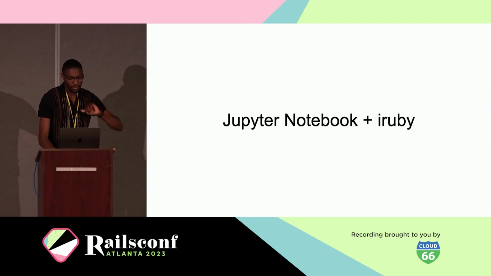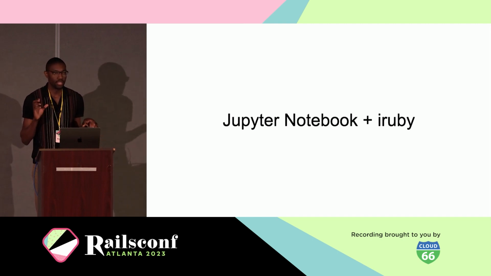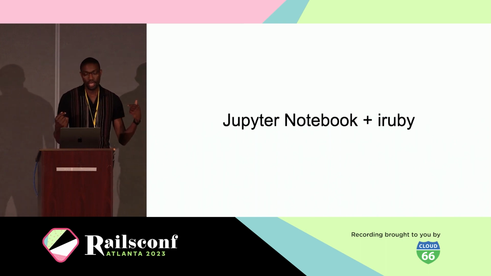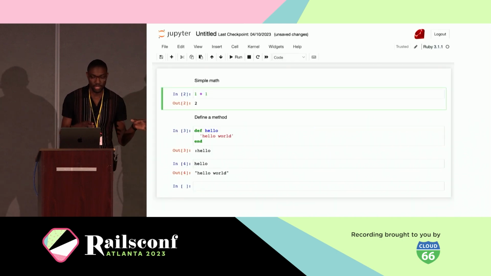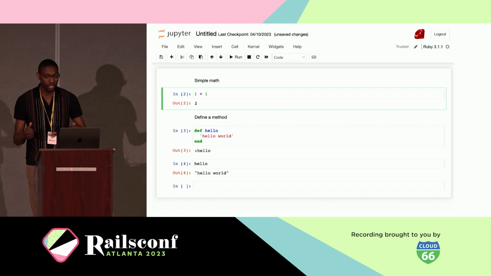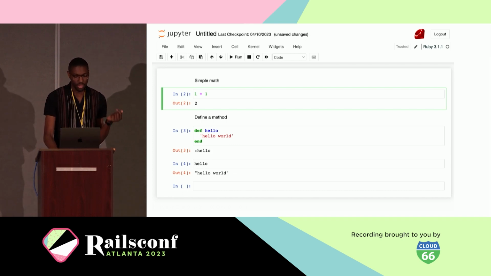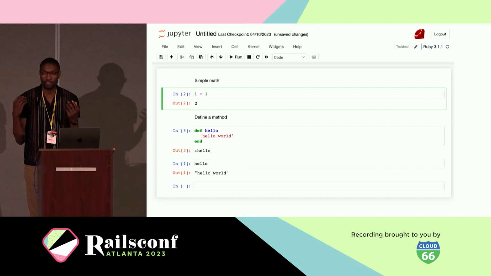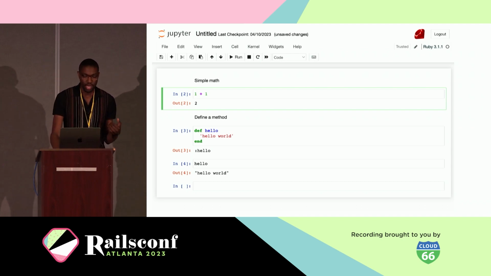Traditionally, a Jupyter Notebook has Python in it, but here we're going to execute Ruby, using a tool called iRuby. Here we're doing some basic addition in Ruby, and then I defined a method that just prints hello world, and you can do that sequentially.